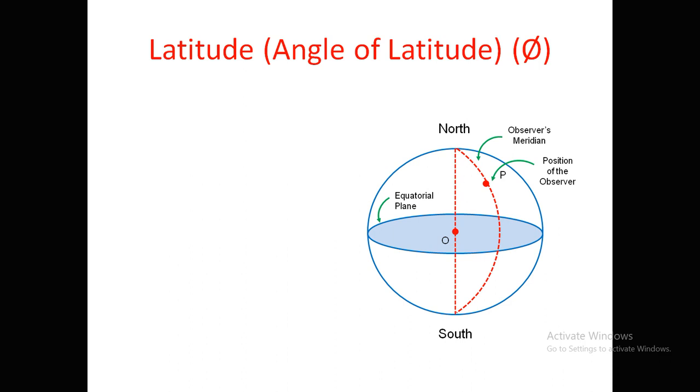So now how do we find the latitude angle? First we need to join the position of the observer to the center of earth. Okay, that is one line, and we need to drop the projection from that point P onto the equatorial plane, and the point where the projection and the equatorial plane intersect is called Q. Okay, and now we need to join O and Q like this.